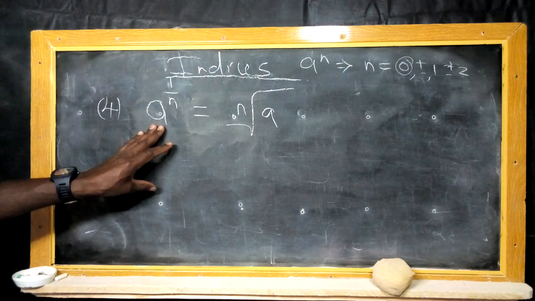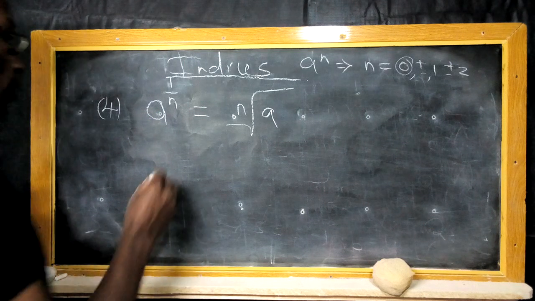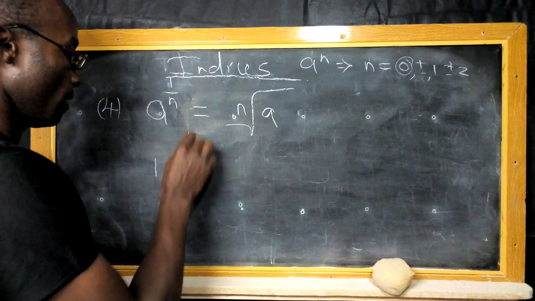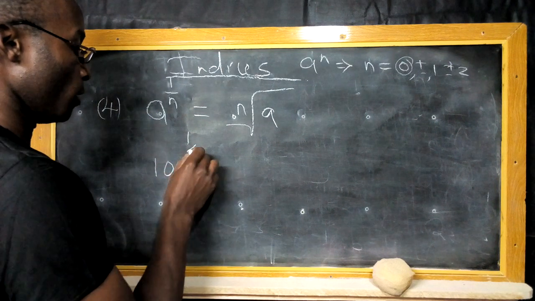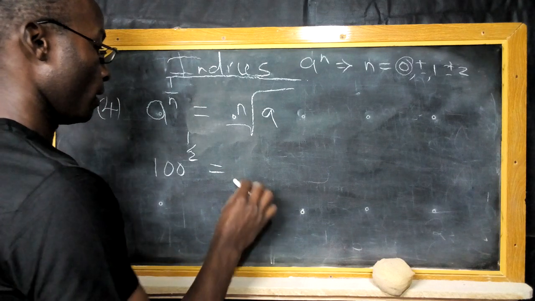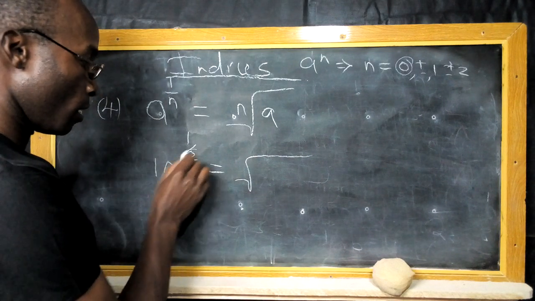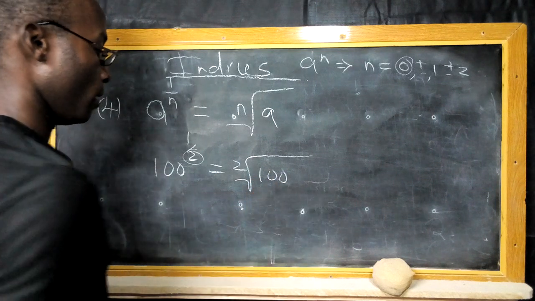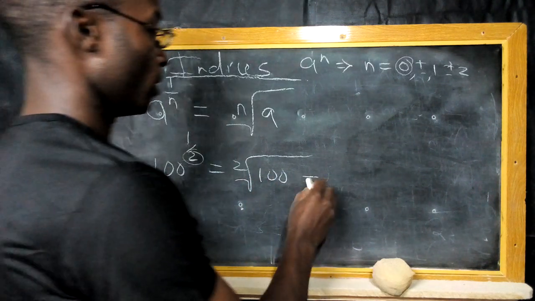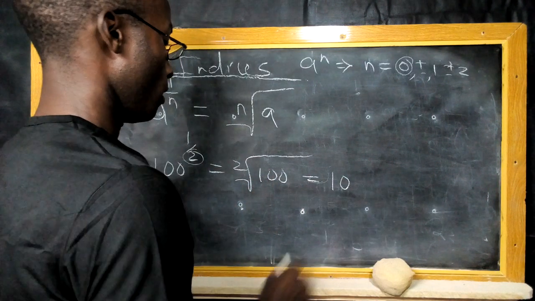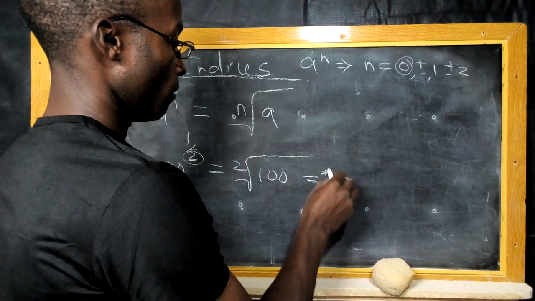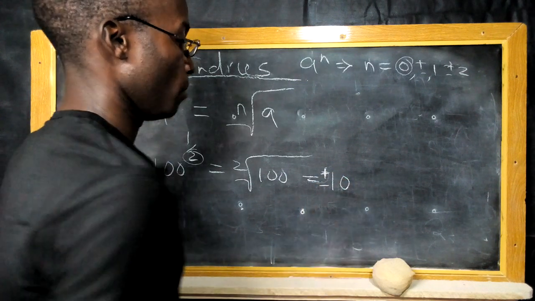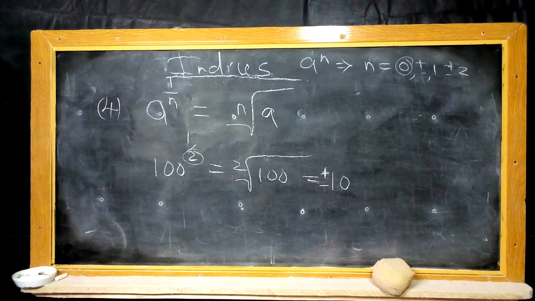When it has been raised to a fraction, suppose it is 100 raised to power 1 over 2, this will mean that it is the root of 100, which is actually the square root, which will give us 10. Of course, we can give an absolute value, but it can be either positive or negative, depending on what kind of data we are dealing with.